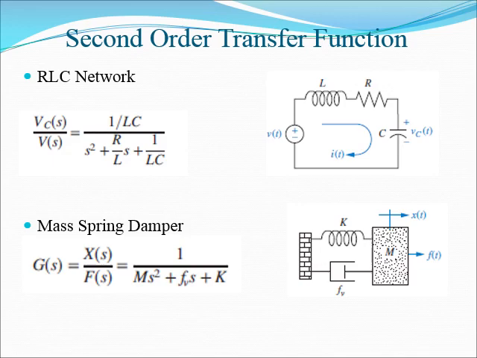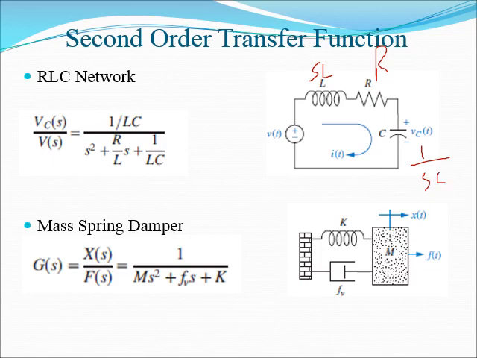A simple example: this is an electrical system. Here we have an inductor, resistor and capacitor in series, and we can model them by saying that this is our Laplace transform: this is SL, this is R, and this is 1 over SC.